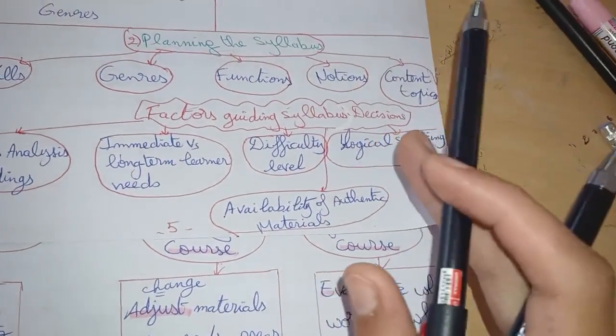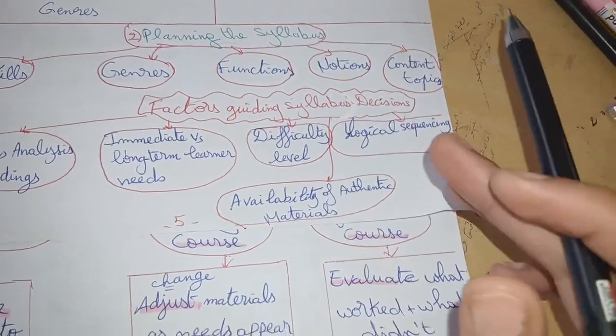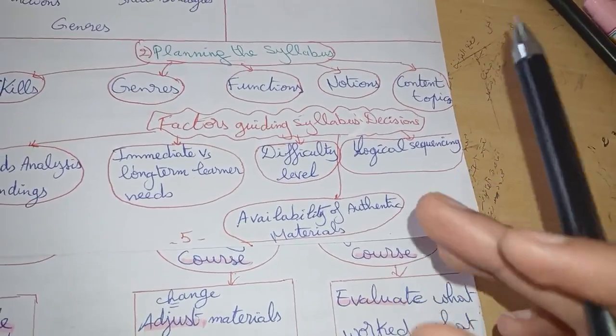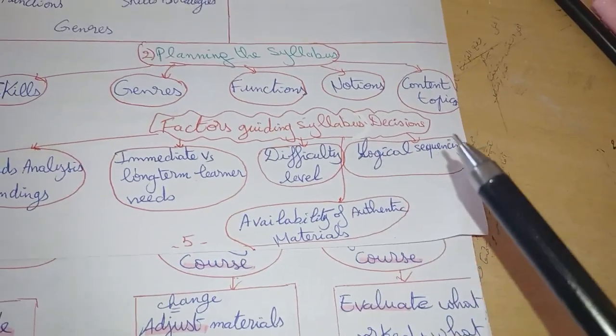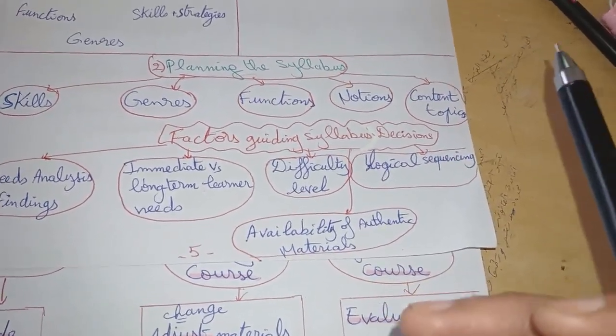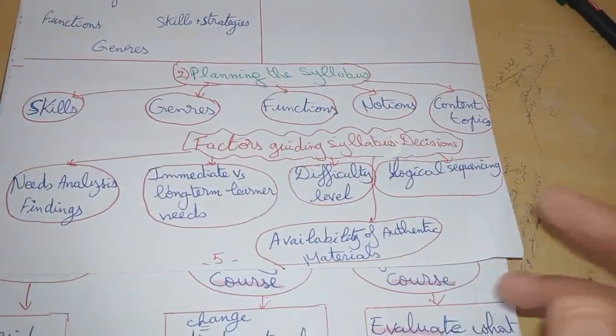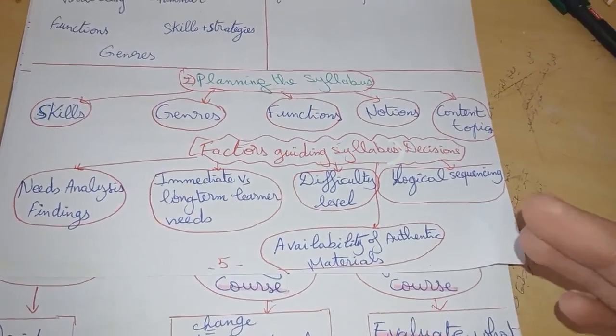Also, difficulty in the level. Sometimes we tend to choose certain exercises that are not at the same level as our learners, to examine their level, to see if it has started to improve or not.